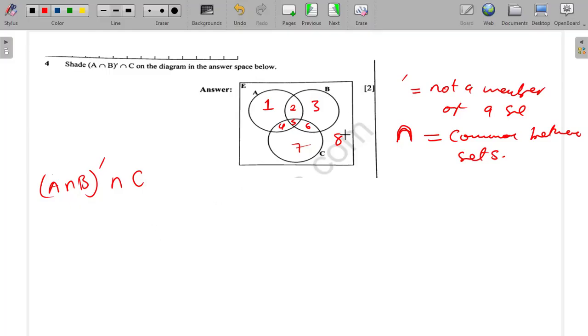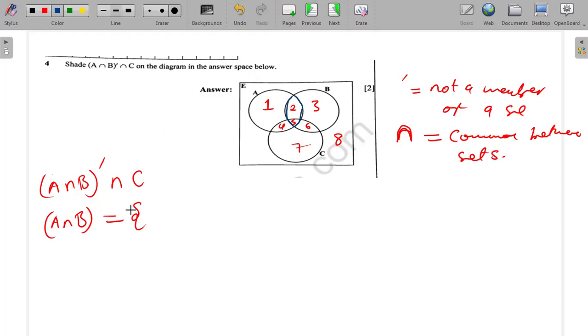Immediately after you add numbers, the second step is to solve the set you've been given. The first question you ask yourself is, from these numbers, what is A intersection B? We know that A intersection B is what is common in set A and set B, and you notice that what is common there is this area here.